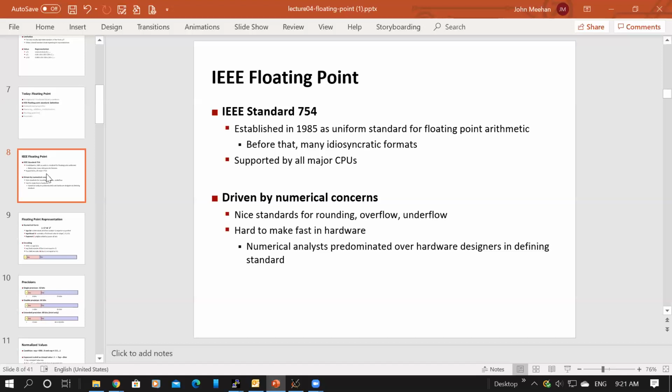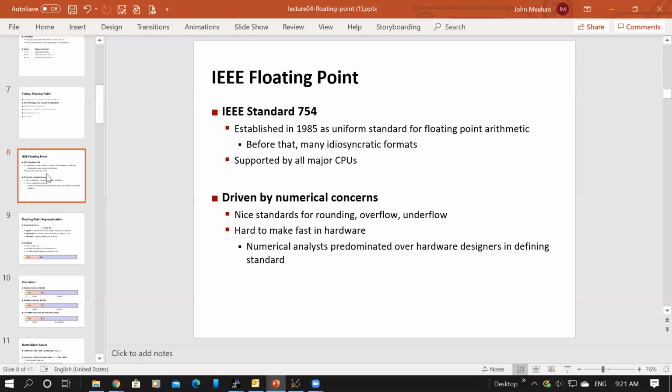So that wasn't really their overriding goal. Their goal was to come up with a standard that had these nice numerical properties that we like it to have, and then say, okay, hardware designers, you figure out how to make it actually work fast.